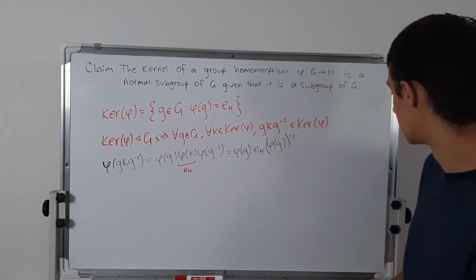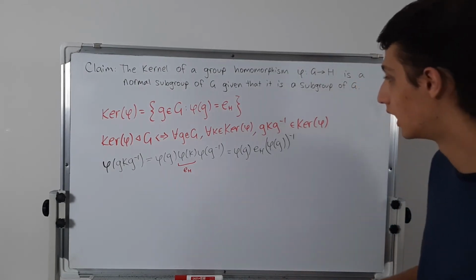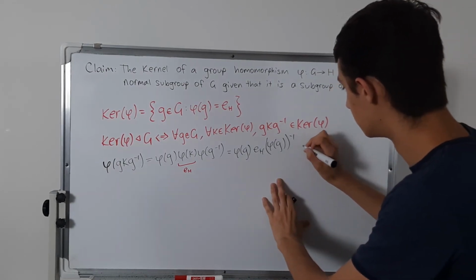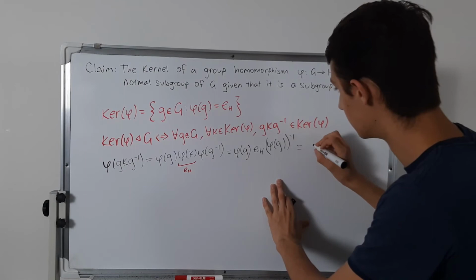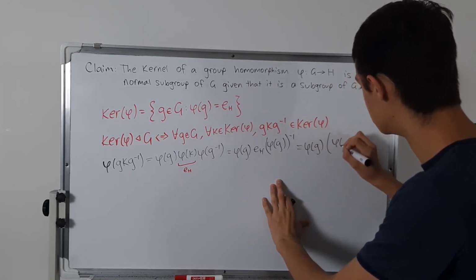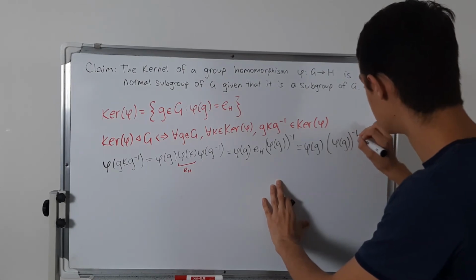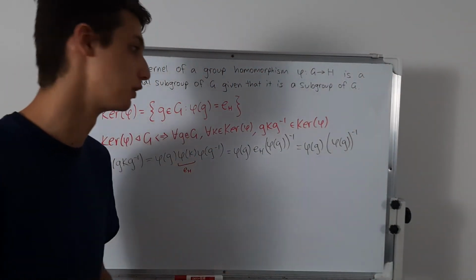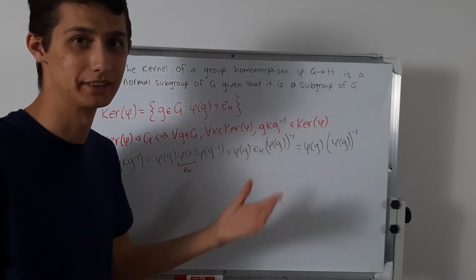Okay? So we can just ignore this identity now. We can say that this is phi of g times phi of g inverse, right? Because whenever you're multiplying by the identity, it doesn't do anything. It's like multiplying by 1 or adding 0, stuff like that.